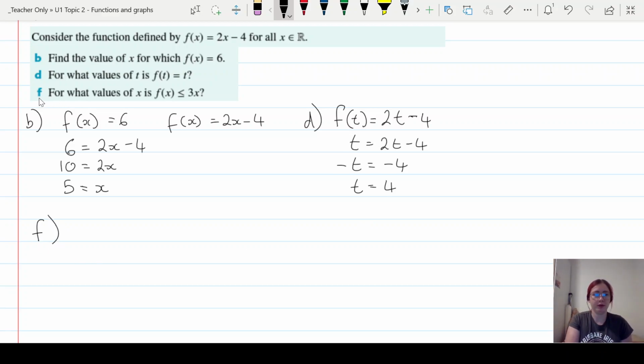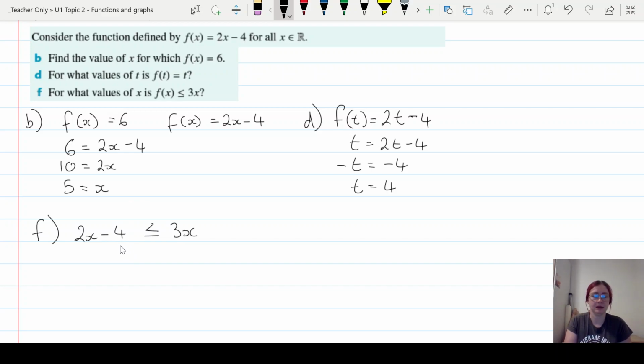And for f here, for what values of x is f of x less than or equal to 3x? So we know f of x is 2x minus 4, and that is going to be less than or equal to 3x. Just solving as though this is an equal sign for now.